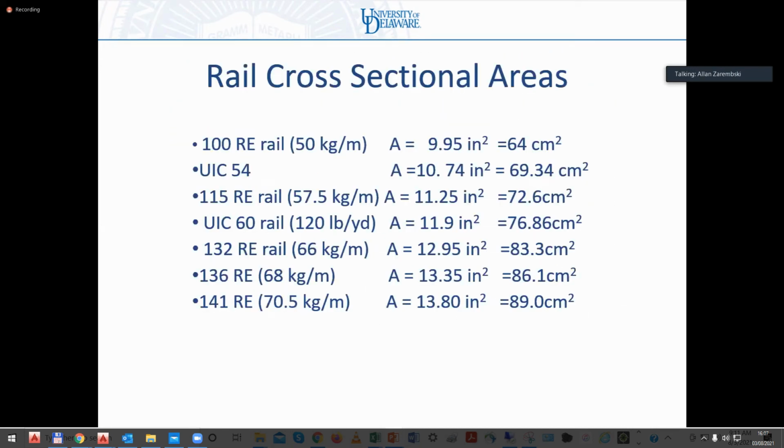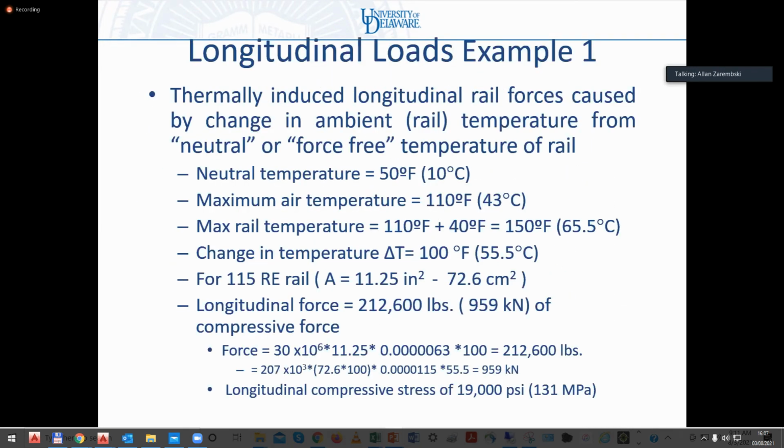So if we go back to the problem here, all my temperature is in centigrade. So my change in temperature is my rail temperature minus my force-free or neutral temperature. In this particular problem, I said the air temperature is 110 degrees. I added 40 degrees to it to get a rail temperature of 150 degrees.